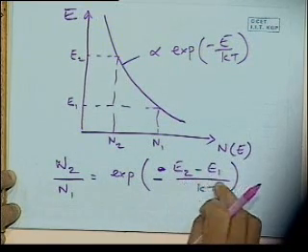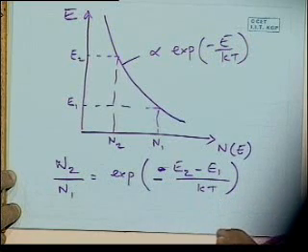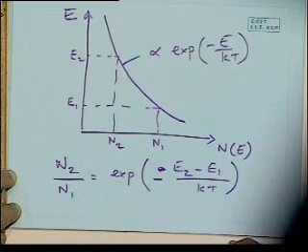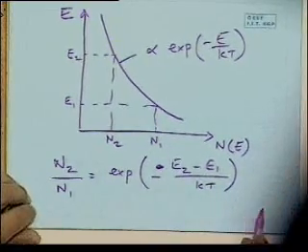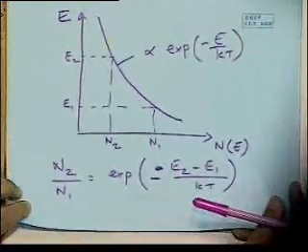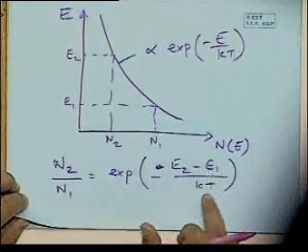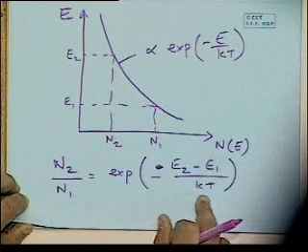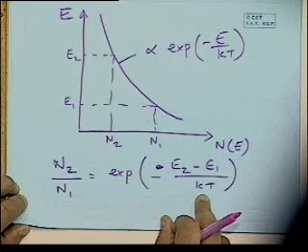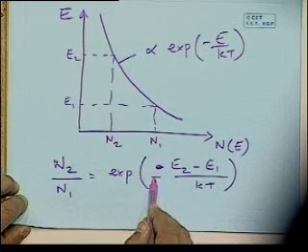If E2 minus E1 is much greater than kT, what can we say about N2 with respect to N1? There's a minus sign there.